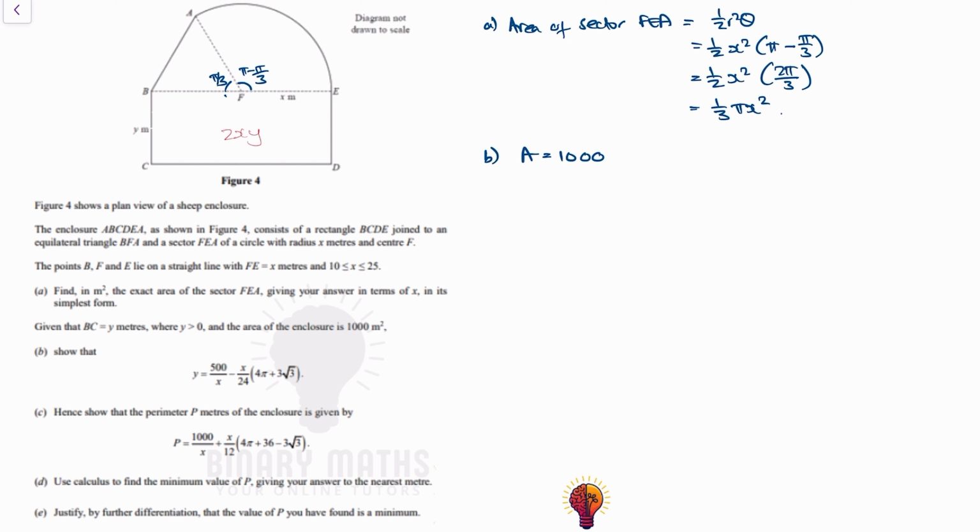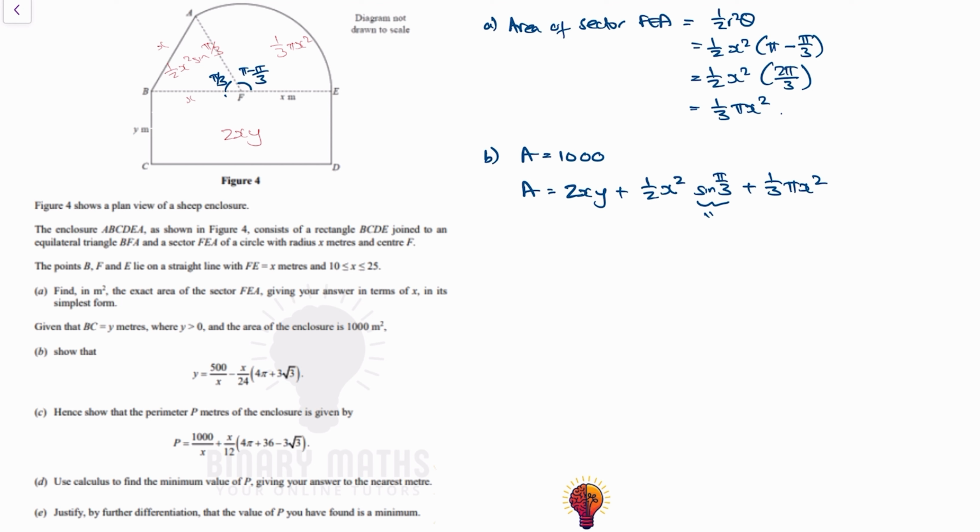If this is x and this is x, then the triangle is half x squared sine pi over 3, and the sector is already a third pi x squared from part A. So the area is 2xy plus half x times x, which is x squared, sine pi over 3, plus a third pi x squared.